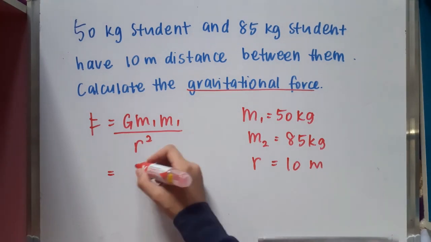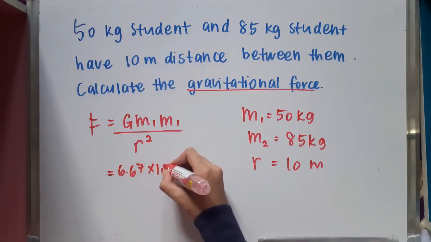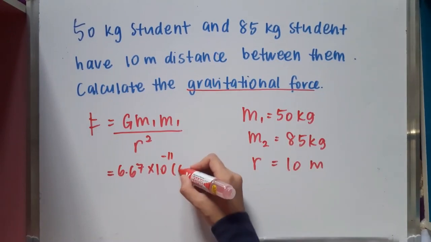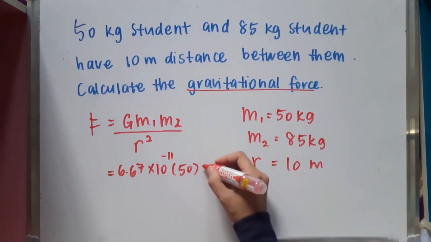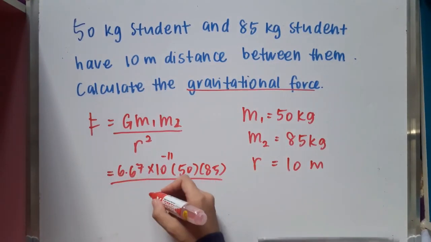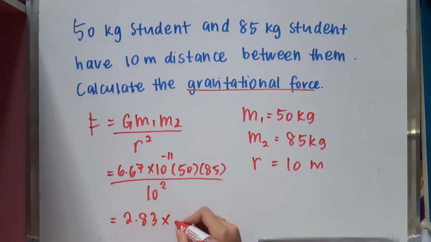Just now I said G is 6.67 times 10 to the power of negative 11, times m1, which is 50 kg, times m2, which is 85, divided by r square. r is 10 square, and the final answer we will get is 2.83 times 10 to the power of negative 9 Newton.